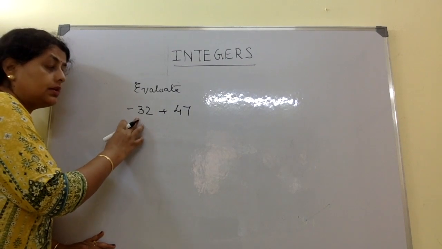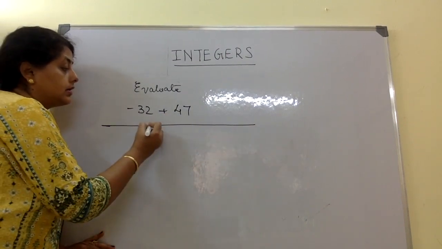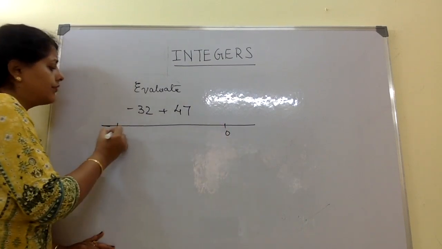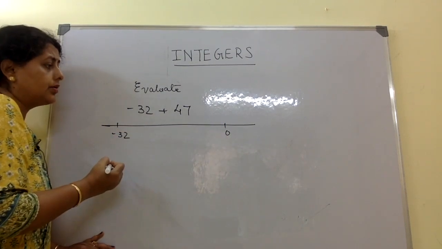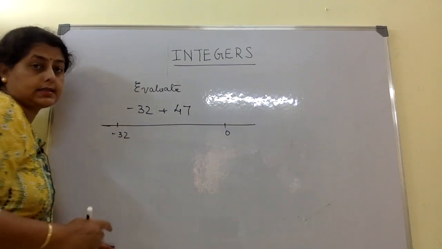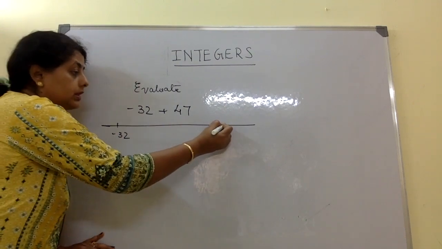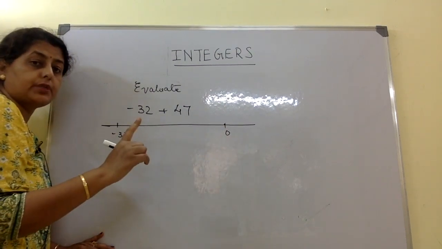So let's take another one. Minus 32 plus 47. Now here again different signs. Let me put the number line, and this is 0. Here somewhere is minus 32. From minus 32 I have to go 47 places that side. Till the 0 itself is 32 places.